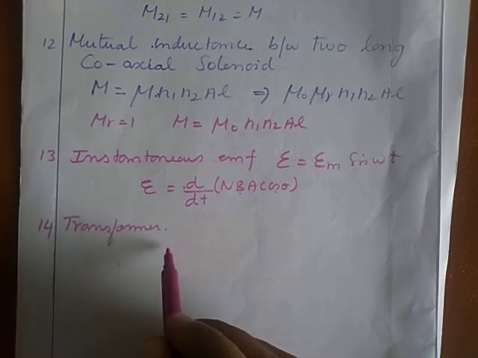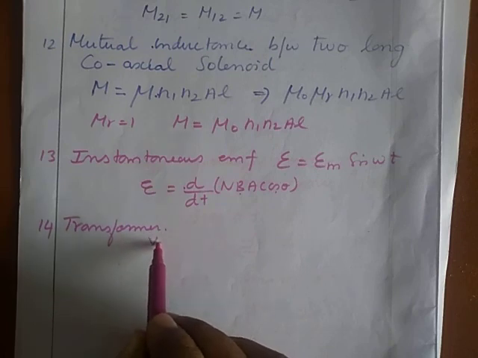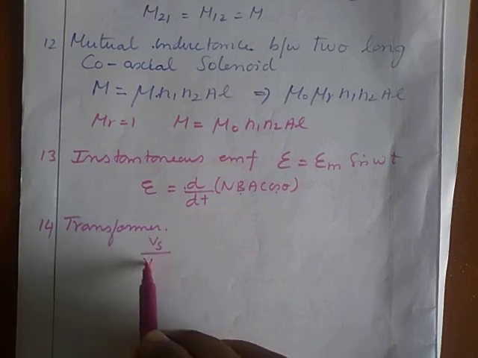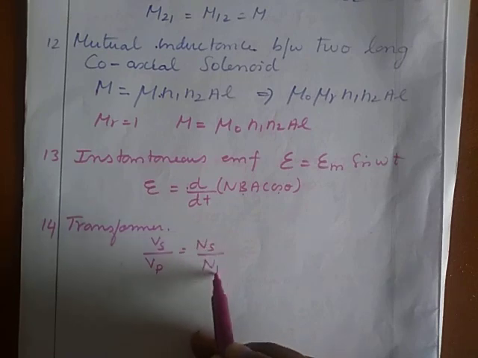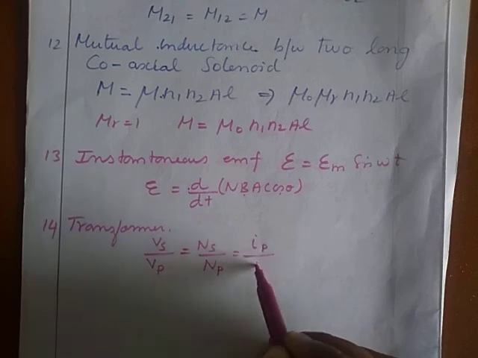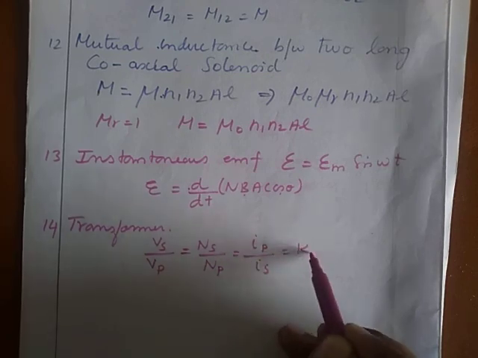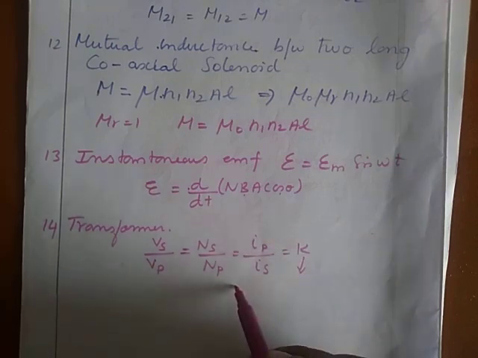We know the voltage transformation ratio: Vs by Vp is equal to Ns by Np is equal to Ip by Is, that is equal to K. Here K is the voltage transformation ratio.